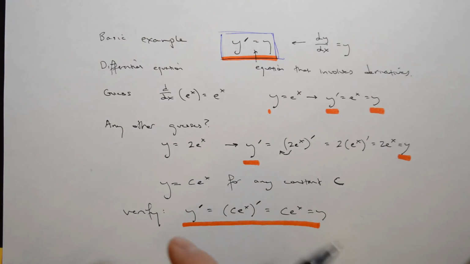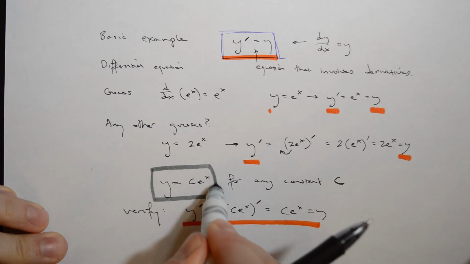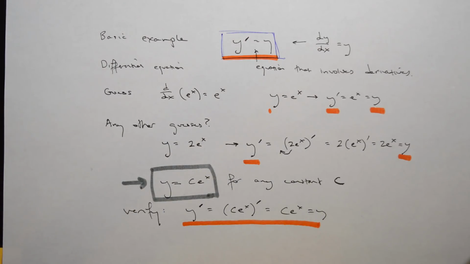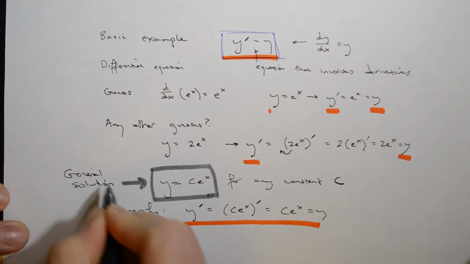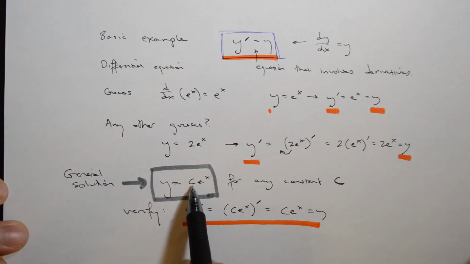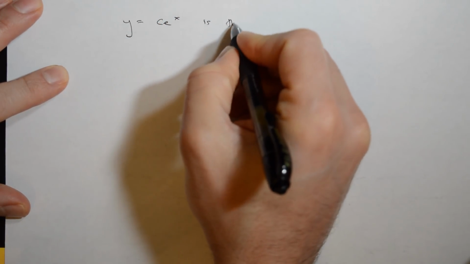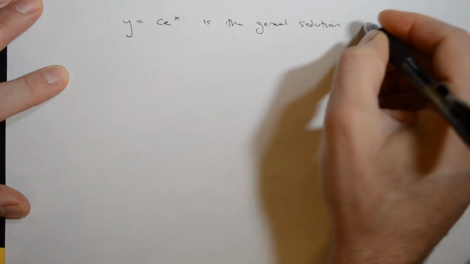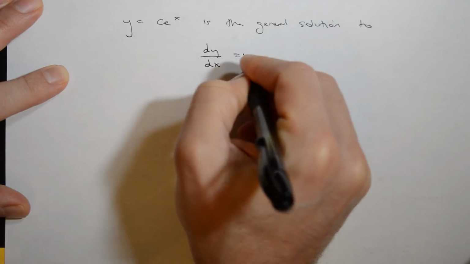So we have here an infinite number of different solutions depending on the constant c. This infinite family of different solutions is called the general solution. The general solution is a family of different solutions, each one defined for a different constant c. Y equals c e to the x is the general solution to the differential equation dy dx is equal to y.